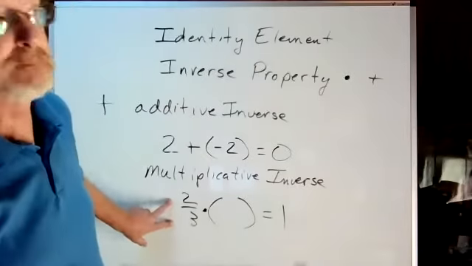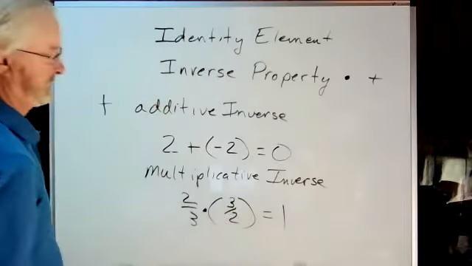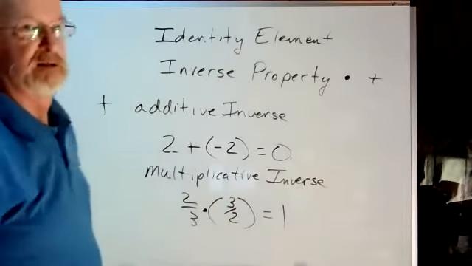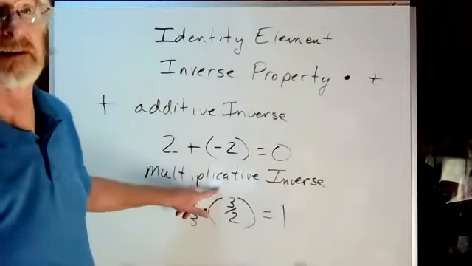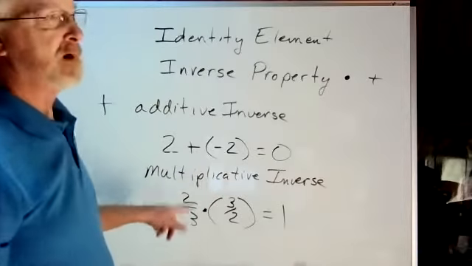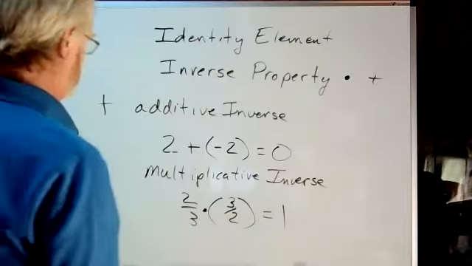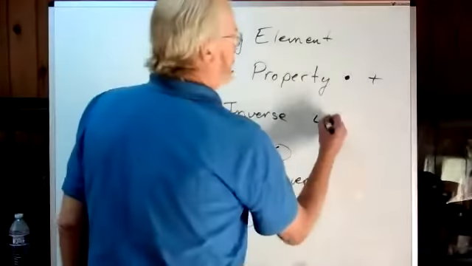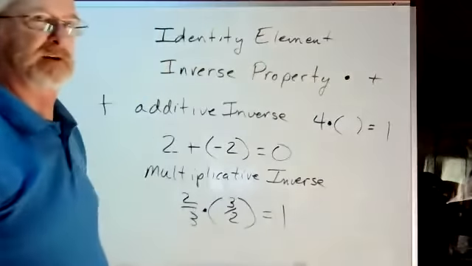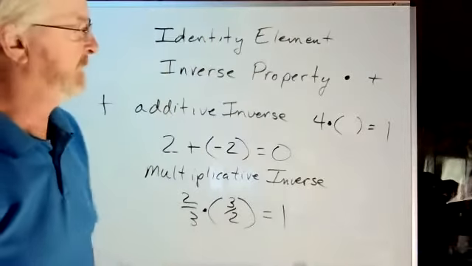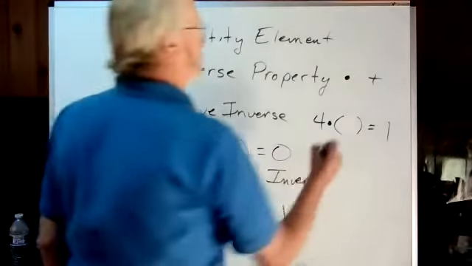It's always the reciprocal, the flip-it-over number. The 3's cancel, the 2's cancel, and you get to that 1. So every number other than 0 has a multiplicative inverse, the reciprocal. 4 times something cancels out the 4 and I get a 1. If you think of 4 as 4 over 1, the reciprocal is 1/4.